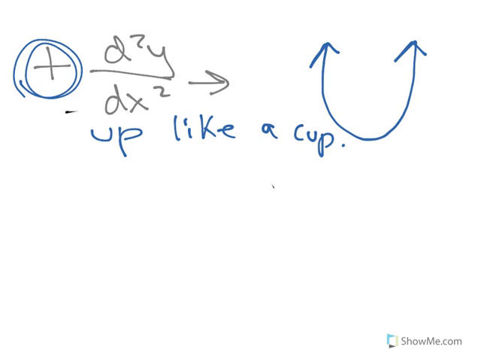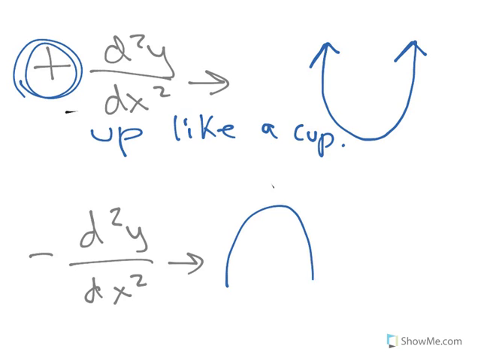When you have a negative second derivative, it's the opposite of a u, kind of like a lowercase n. Some teachers say down like a frown.